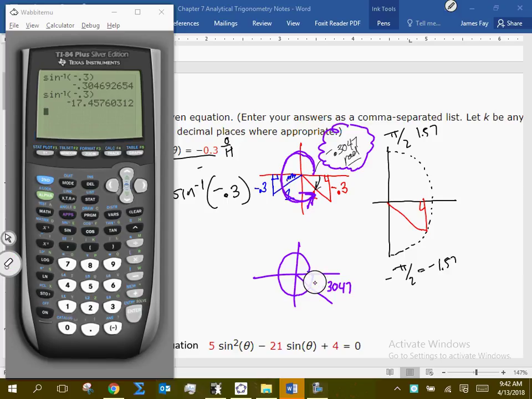But are we going a little bit short of that to get to that ray? So isn't it, and you can think about it as 2 pi plus the negative 0.3047, but that's the same thing as 2 pi minus that thing, right? Okay.